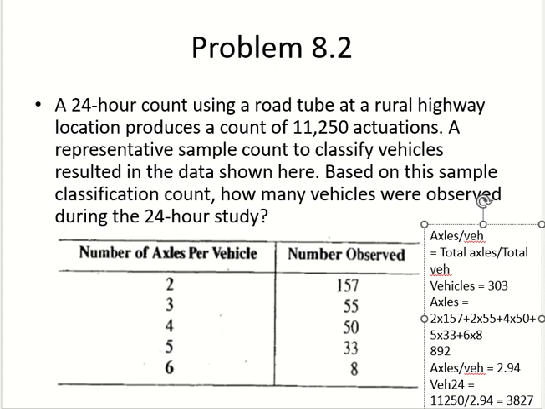If somebody assumed 2 axes per vehicle, 11,000 divided by 2 will be 5,500 something. So you can see the difference is large. It's not a small difference. It's in thousands. Clear? Okay, so that's why we need the study. Any questions?